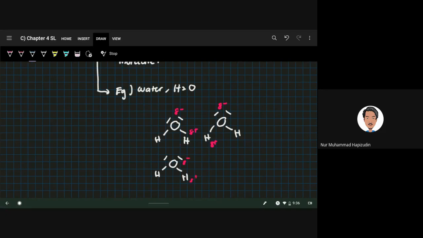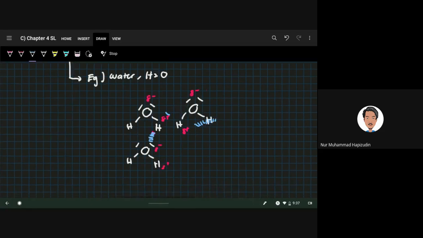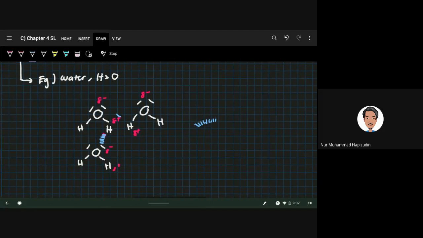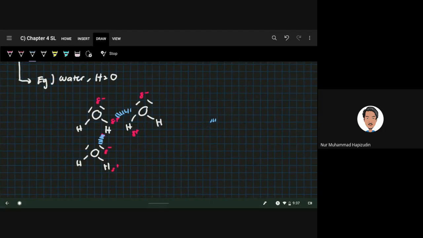So hydrogen attracted to the lone pair of oxygen from another molecule. Macam ni lah. So this hydrogen attracted to the oxygen from another molecule. Okay, so this is hydrogen bond.